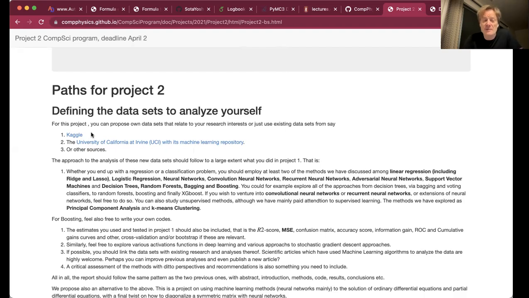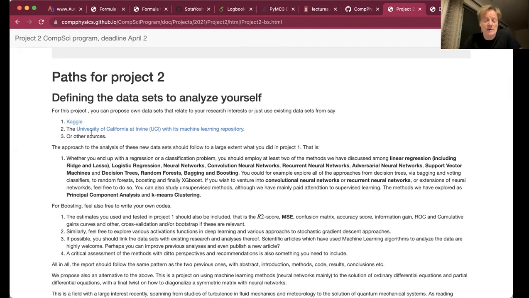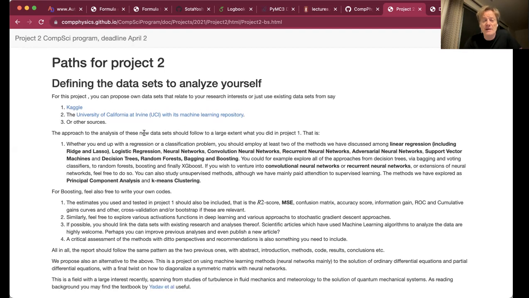Now, one of the things we would like you to do then is the following. And there are actually many alternatives, and you can tweak the various alternatives for project number 2. So if you have your own data set, the methods which we have been covering, and today we're also going into convolutional neural networks, and next week we're going to cover recurrent neural networks.